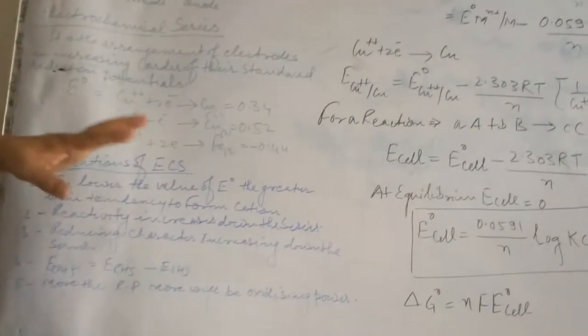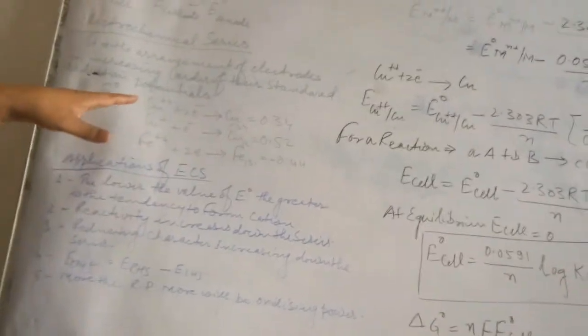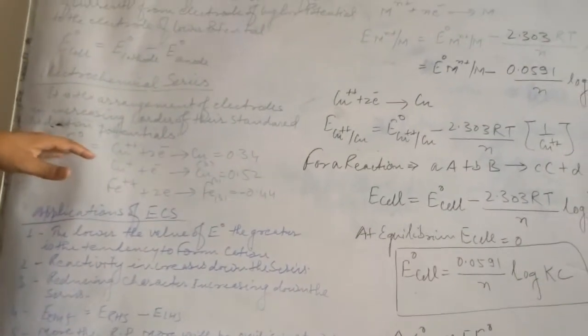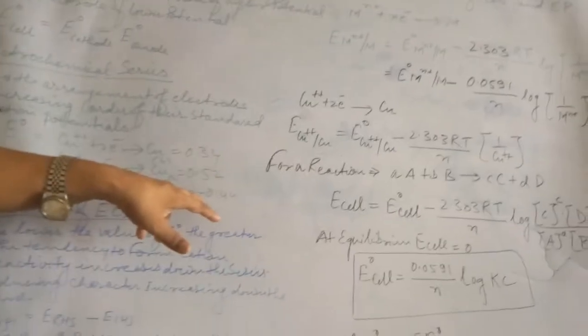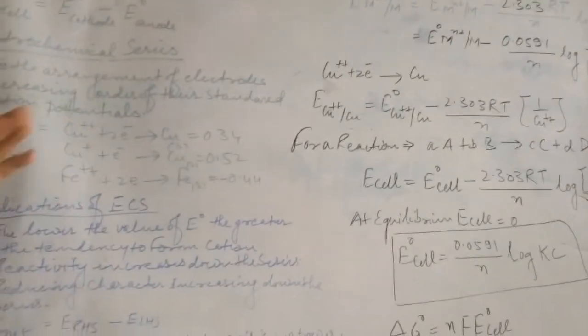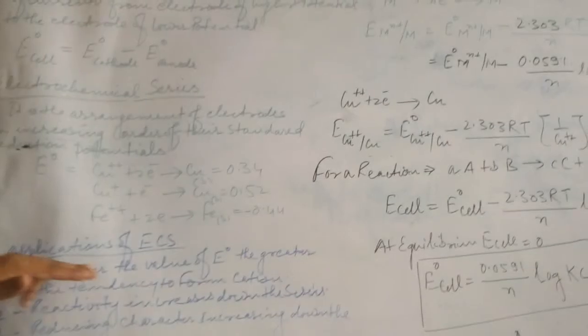Among Cu++, Cu+, and Fe2+, these three metals, with the standard electrode potentials mentioned here, which has the lowest value? Fe, with a negative value of minus 0.44. So it will tend to form cation very easily as compared to copper.